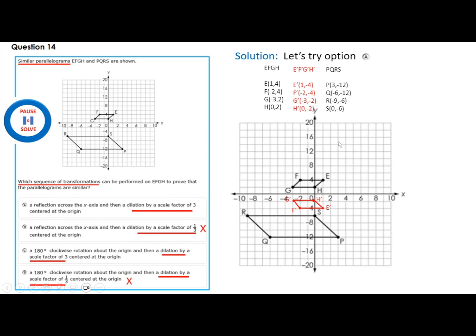I get (3, -2), (3, -12). Okay, where is this? 3, -12, see that this point here, yeah. (-6, -12). Look at this point here, -6, -12, yeah. So that's the answer.